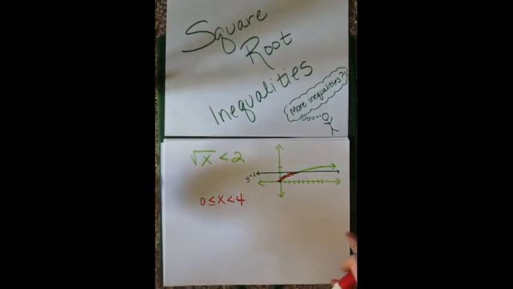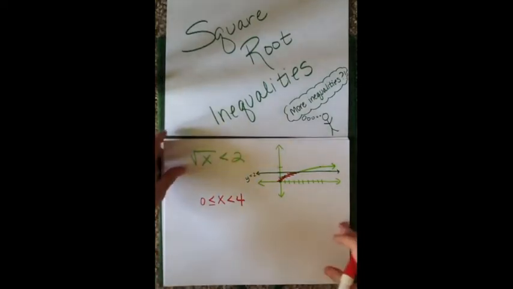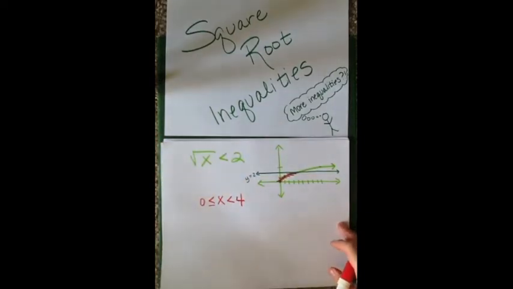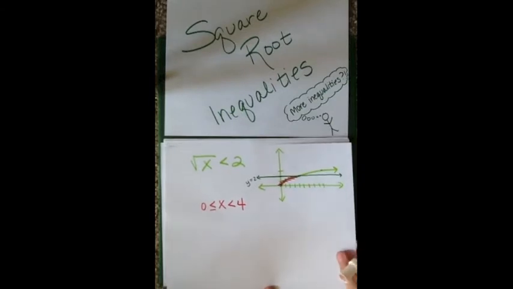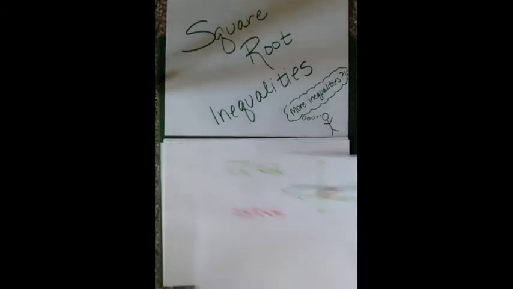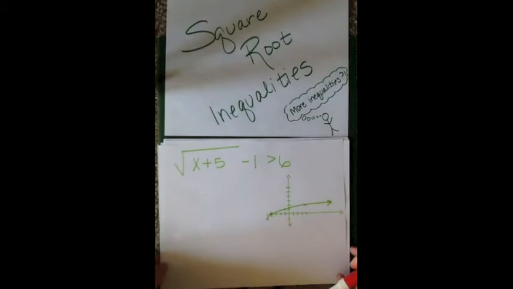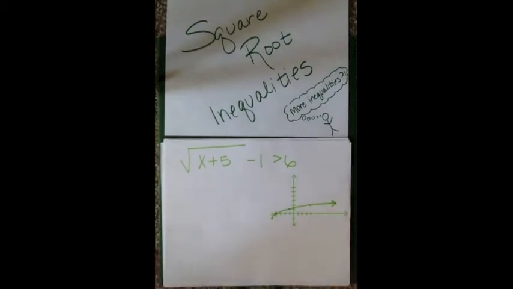Now this one was pretty easy to graph and tell from a graph. But as always, equations get more complicated and sometimes they're more difficult to see from a graph. So if we take a look at this equation, square root of x plus 5 minus 1 is greater than 6.